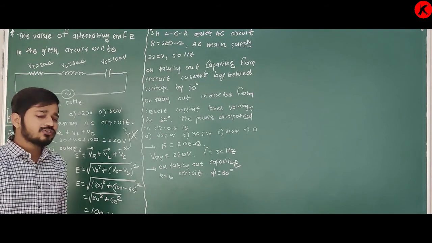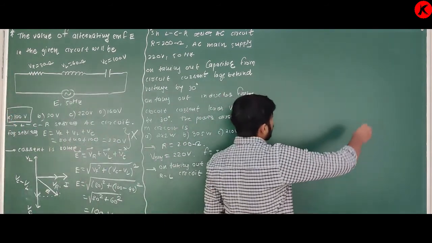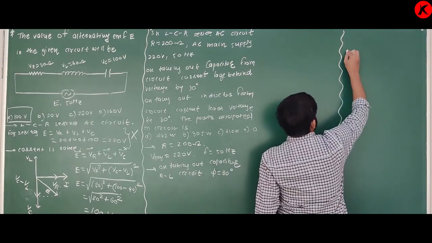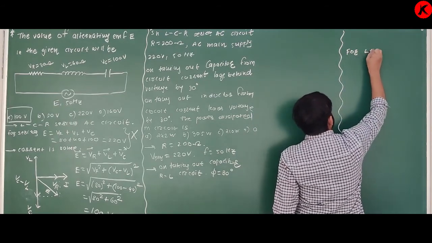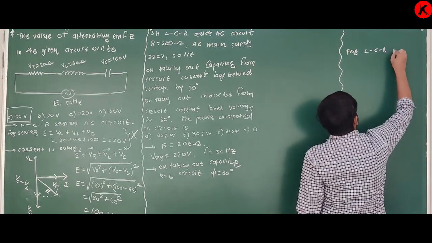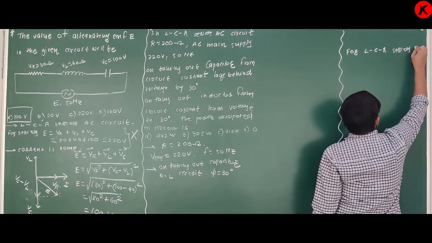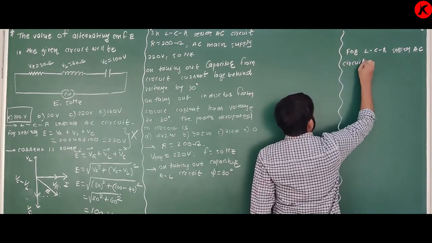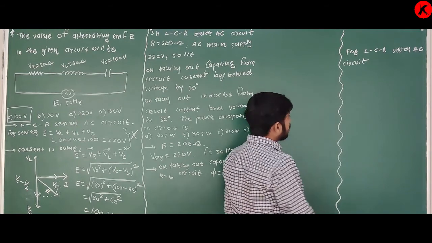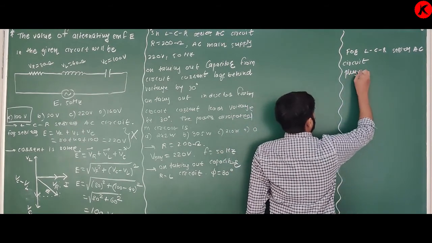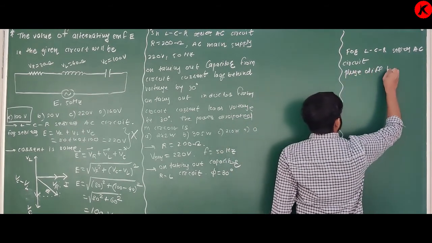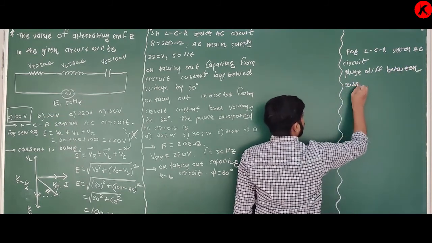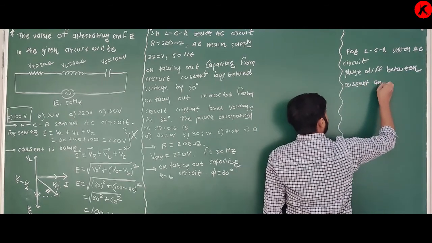Now what is the equation of phase? For LCR series AC circuit, what is the phase difference between current and voltage?